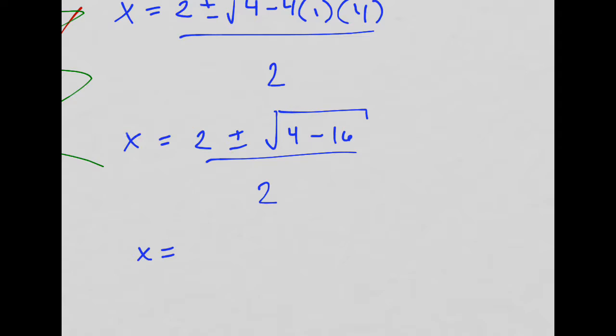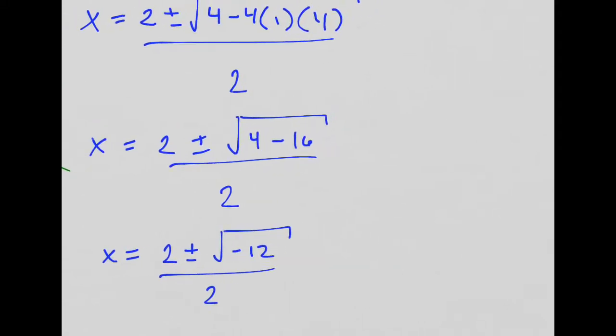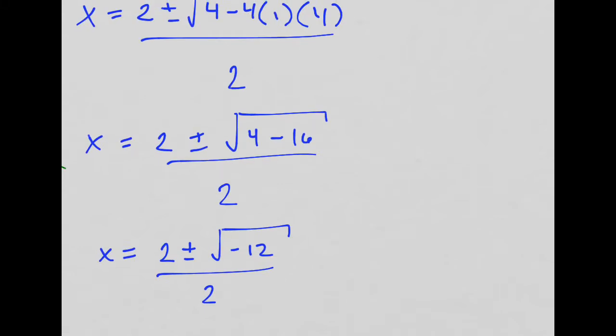So x equals 2 plus or minus the square root of negative 12. What? Remember, square root of a negative. You can't really do that, but we have a term for it, and it's called an imaginary number. Because it's not real. There's no real number that works.